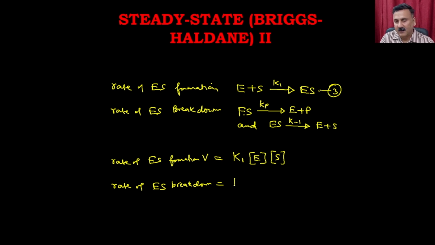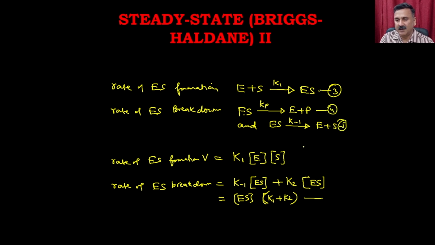So you can write K minus 1 ES plus K2 ES. And if you want, you can take the ES common, so it becomes K minus 1 plus K2 times ES. So this is equation number 4, this is equation number 5, this is equation number 6, and this is equation number 7.